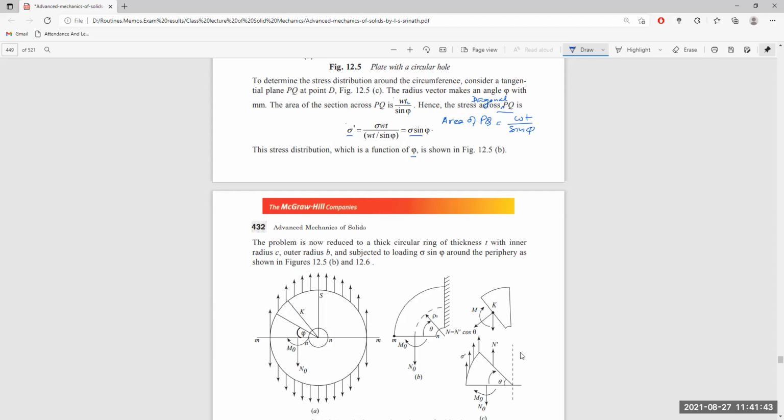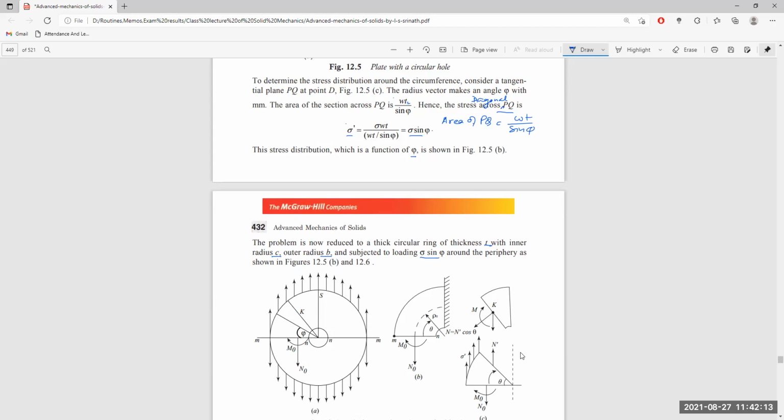Now we think that instead of the plate itself, we have a thick circular ring of inner radius equal to the original radius of this hole, and outer radius equal to the radius of the imaginary circle, and it is now subjected to a load sigma sin phi along the periphery as in the figure here.